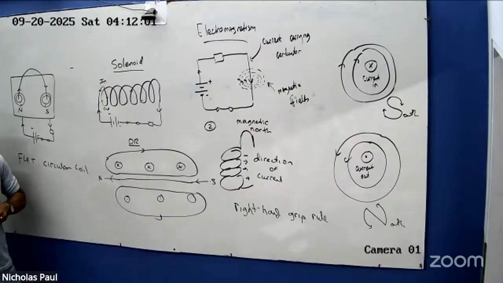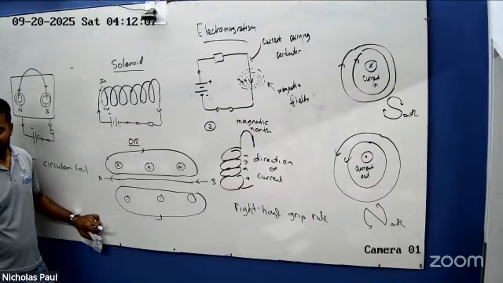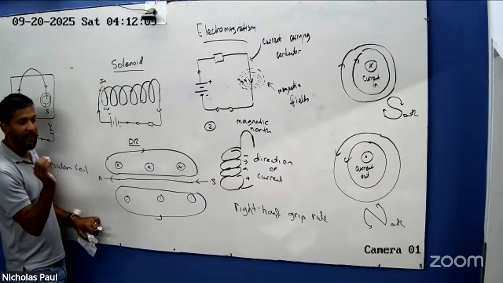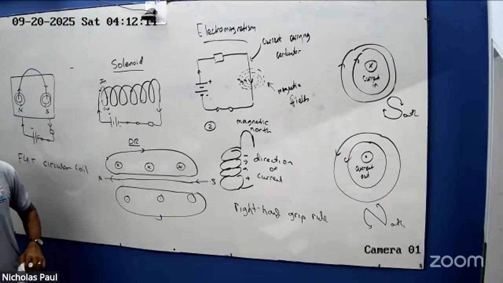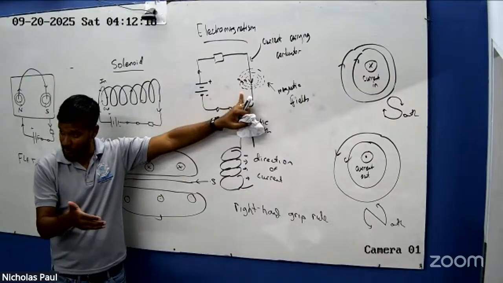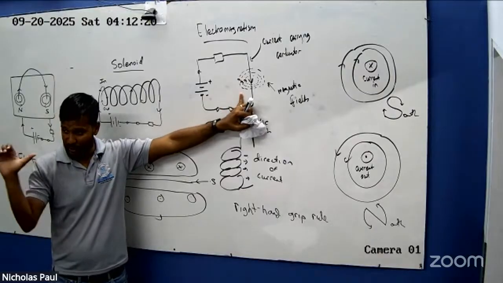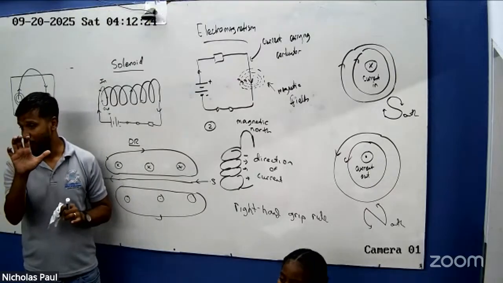I'm going to go over it again. You have your right-hand rule. Your right hand can be used for a straight conductor, using the first version. And the second version is this one here: magnetic north, current direction.